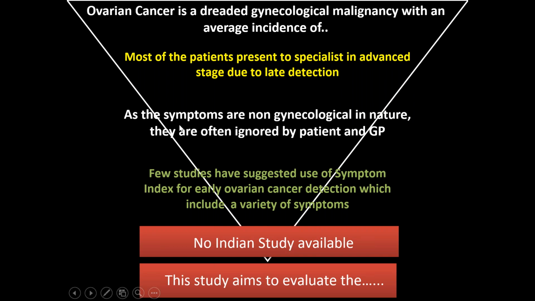As the symptoms are non-gynecological in nature, they are often ignored by the patient and the doctor. And then the lacunae part. Very few studies have studied the use of a symptom index for early detection of ovarian cancer, which includes a variety of symptoms. And then no Indian studies were available, not even one, when I did this thesis.